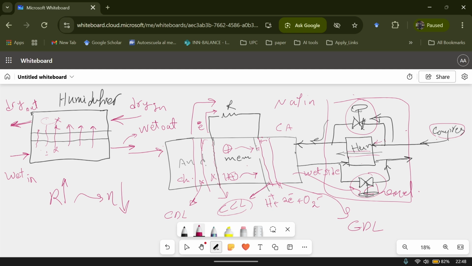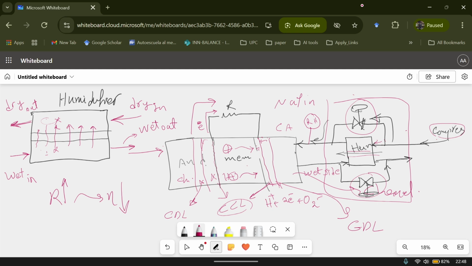But for the information we have to use to control the humidity, sometimes there is a humidity sensor here, or sometimes we use the dew point, because relative humidity depends on the sensor. The sensor gives you relative humidity or dew point temperature.